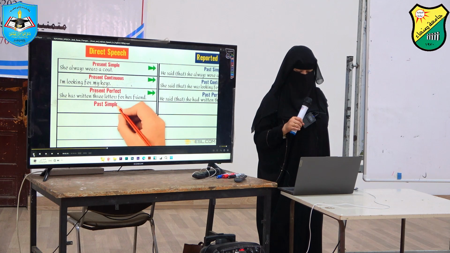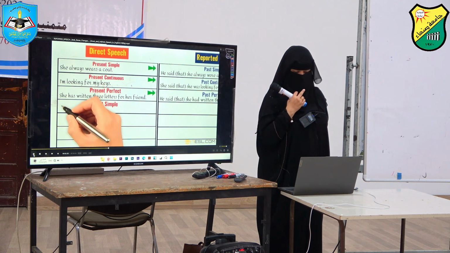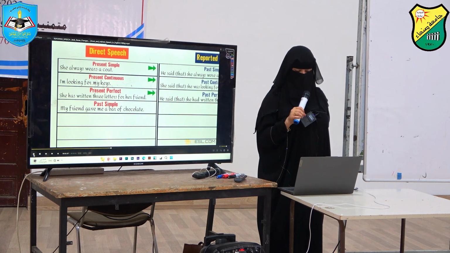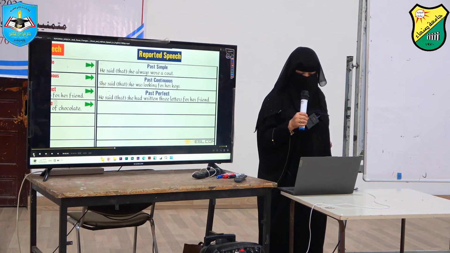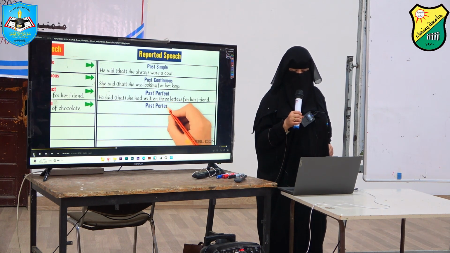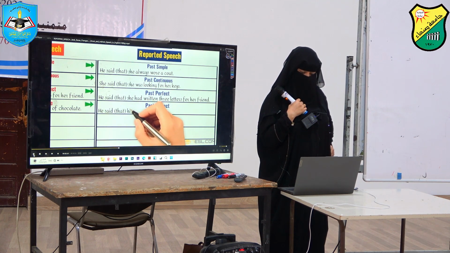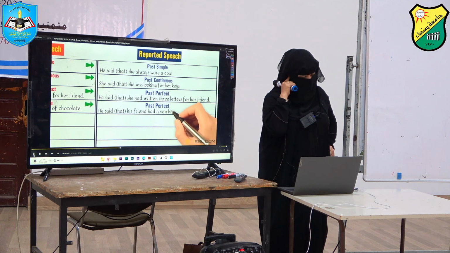Past simple. Gave me a bar of chocolate. Past simple is going to be past perfect. Past perfect, yes. Said that his friend had given him a bar of chocolate.